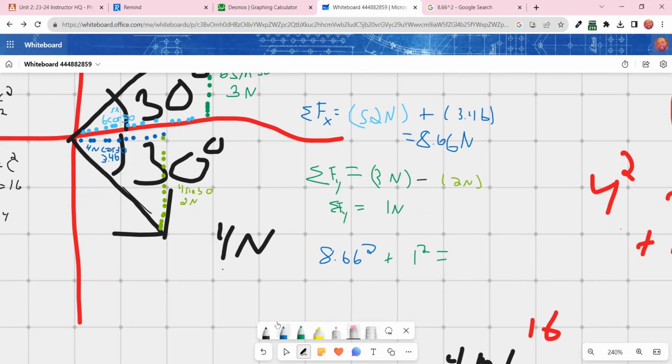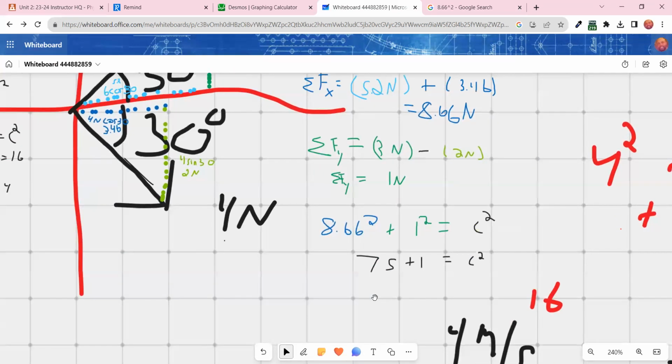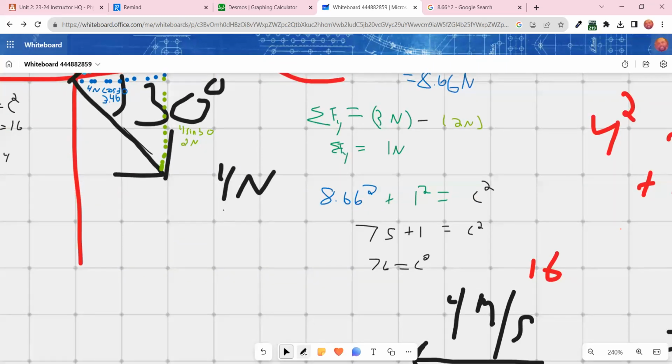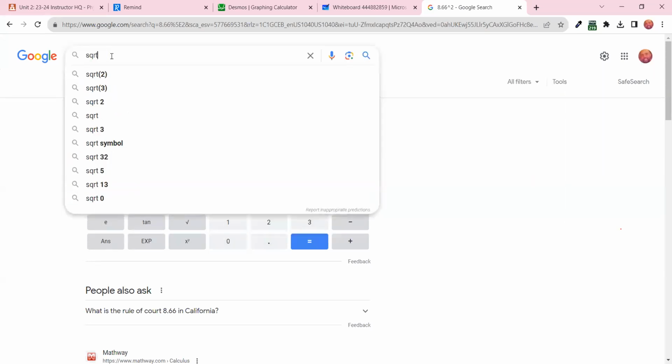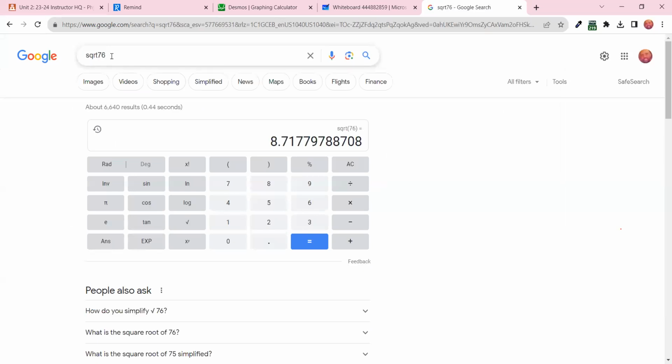It's equal to c squared. And that is 75 plus 1 is equal to c squared, because 8.66 squared is 75, and 1 squared is still 1, which means that 76 is equal to c squared, which means that the square root of 76 is about 8.72.